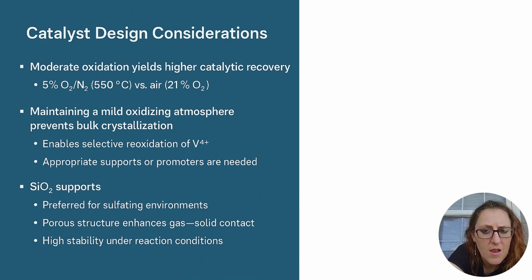From a kinetic standpoint, an overly oxidizing environment accelerates the transition from amorphous to crystalline structures, reducing both surface area and oxygen diffusivity. Maintaining a mild oxidizing atmosphere ensures that reoxidation proceeds in a diffusion-controlled manner rather than triggering bulk crystallization. Controlled oxygen flux selectively reoxidizes V4+ to V5+ species without inducing irreversible phase transformations.